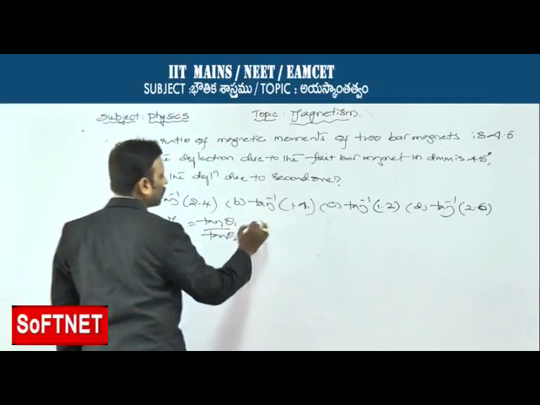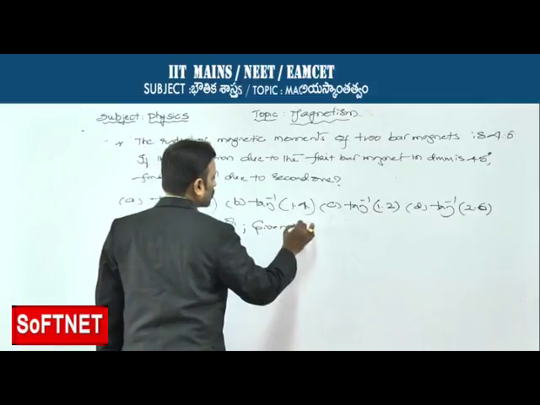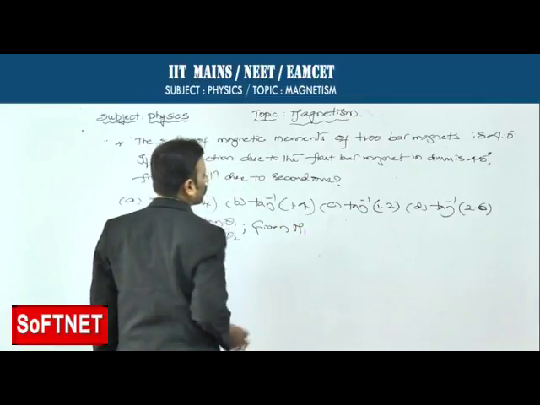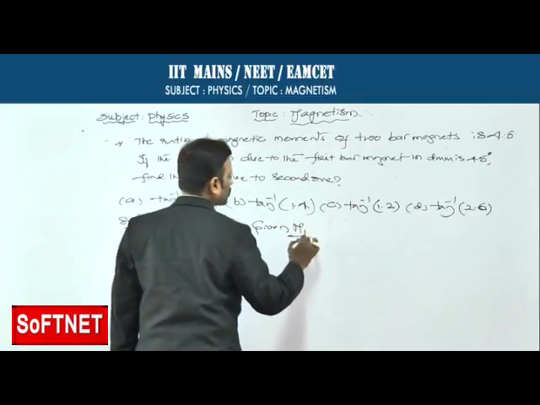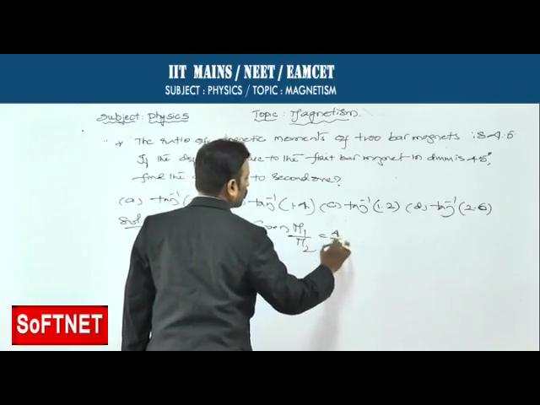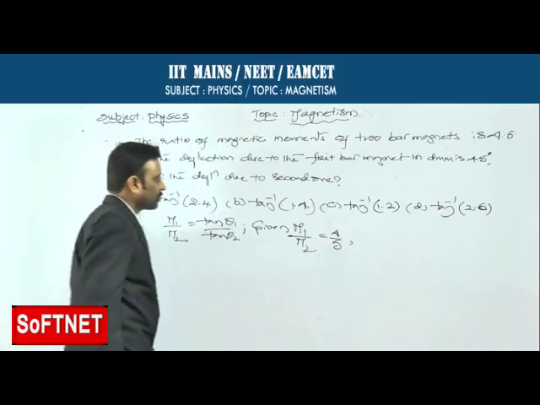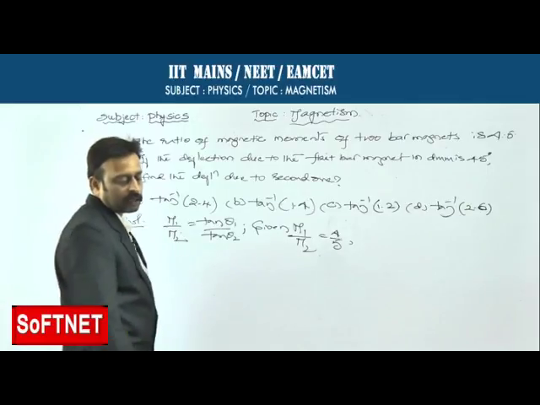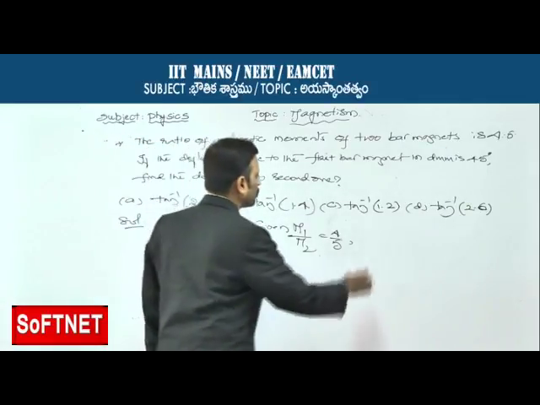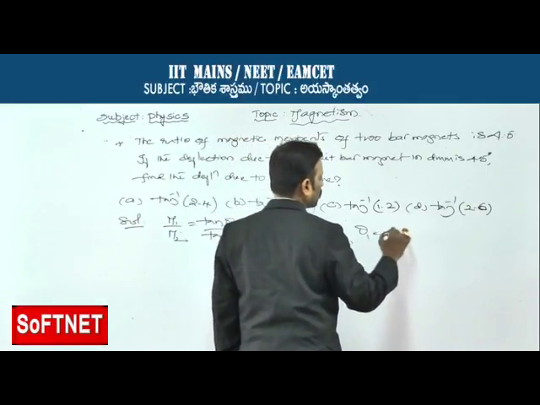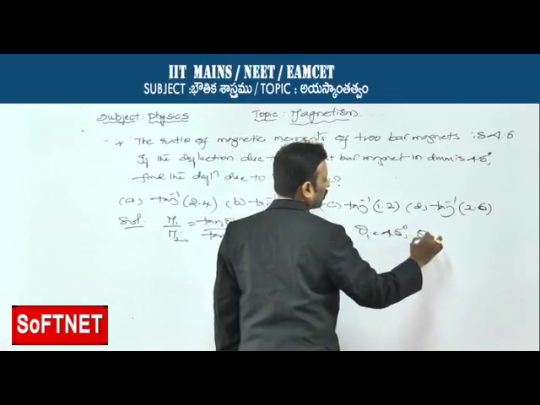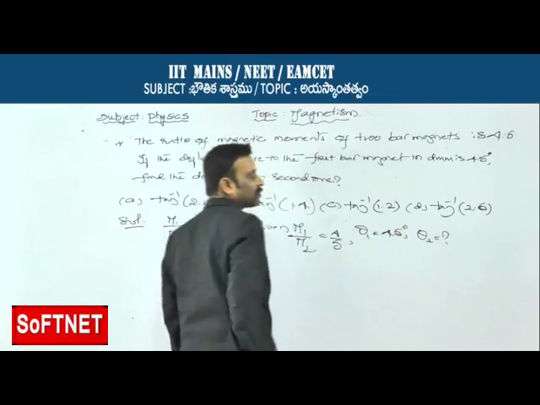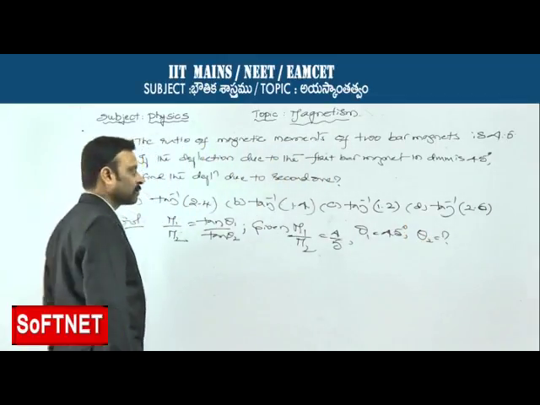Given the ratio of magnetic moments as 4:5, moreover, the deflection due to the first bar magnet, theta 1, is given as 45 degrees. The deflection due to the second one you are asked to calculate.